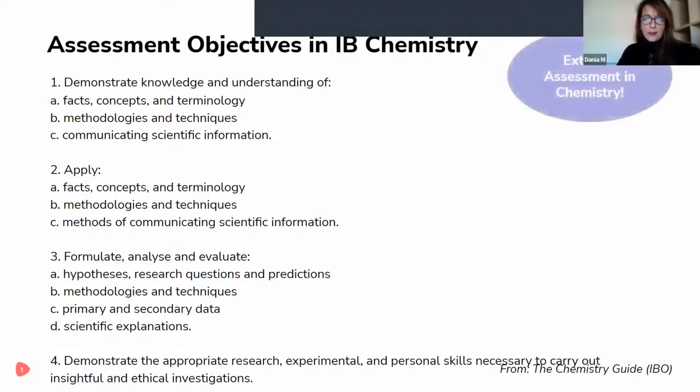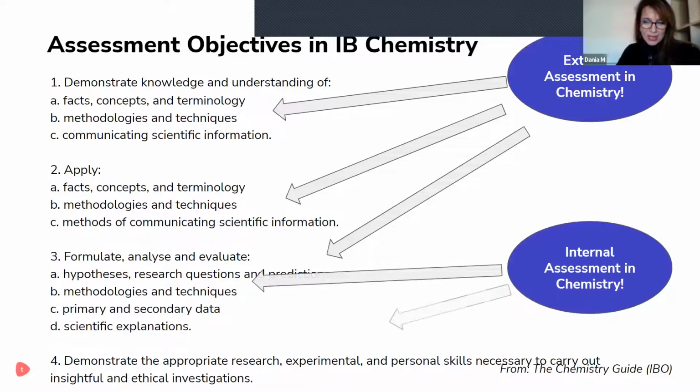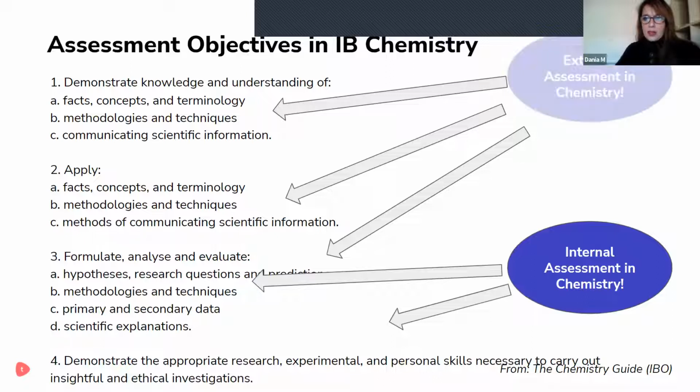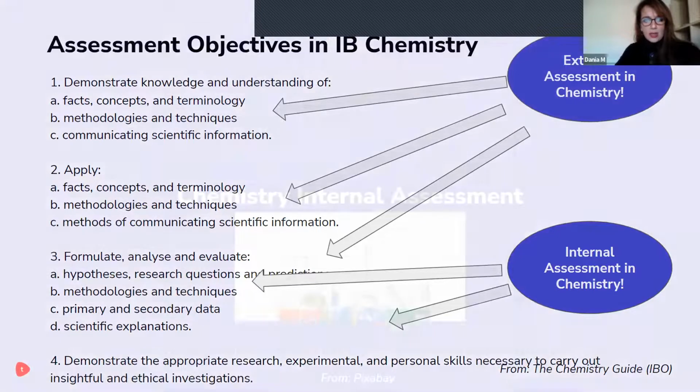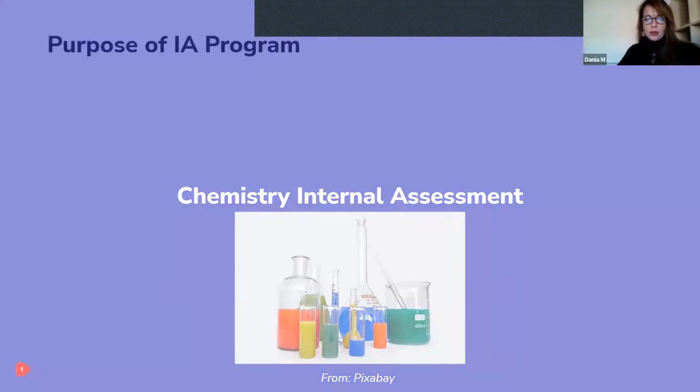Now, as you can see, the external assessment targets objectives 1, 2, and 3, while the internal assessment clearly targets objective 4, but also, if you think about it a little bit, objective 3. So again, this puts in context both the external and internal assessment in terms of what the students should be able to do. We're going to start with a focus on the internal assessment, and then we'll move into external assessment a bit later.